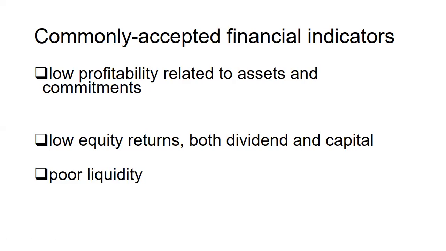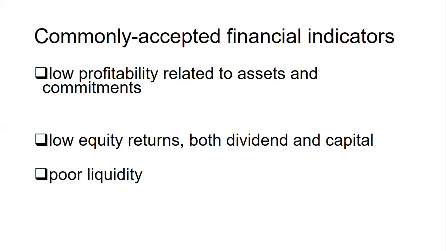Then when you compare your investment ratios, such as the equity returns, if it is low, then you will say that the business is likely to fail. Or you could look at their liquidity, how much they're able to meet their short-term debt, looking at their quick ratio and then their current ratio or the asset test ratio. And then that will tell you if they have enough cash to meet their short-term debt.